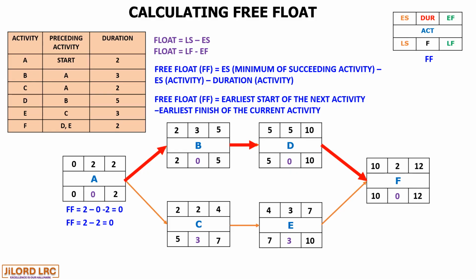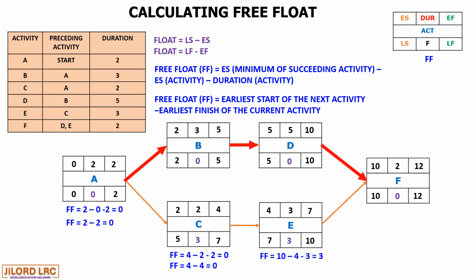Let's look at activity C. The early start of the succeeding activity, which is 4, minus the early start of activity C, which is 2, minus the duration of C, which is 2, giving us 0. And using the second formula, it will be 4 minus 4, and that is also 0.